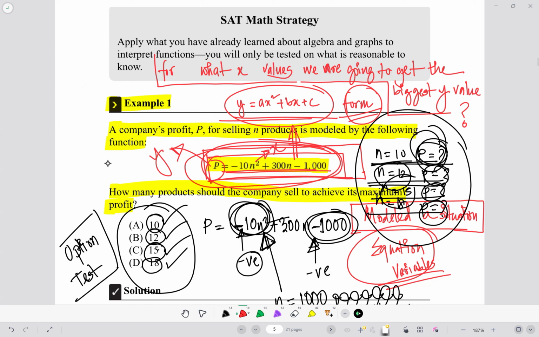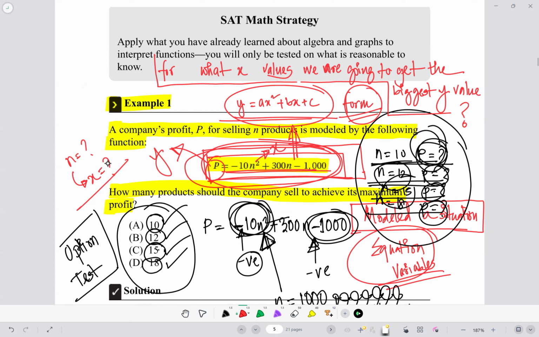So they're just asking what is the value of x, what is the value of n. N is indirectly representing the value of x, because they both are quadratic equations, second degree polynomials. A quadratic equation is a second degree polynomial.